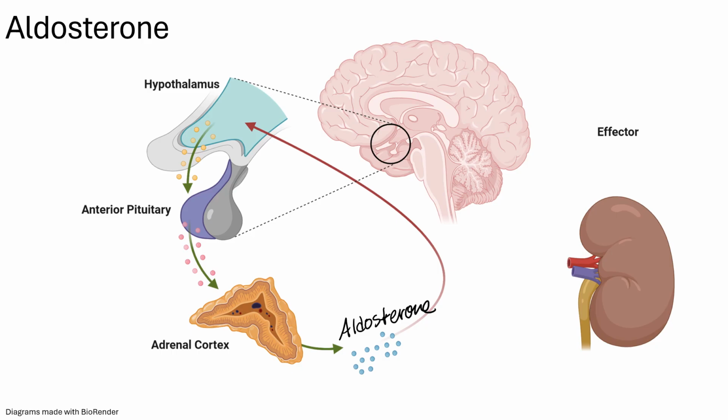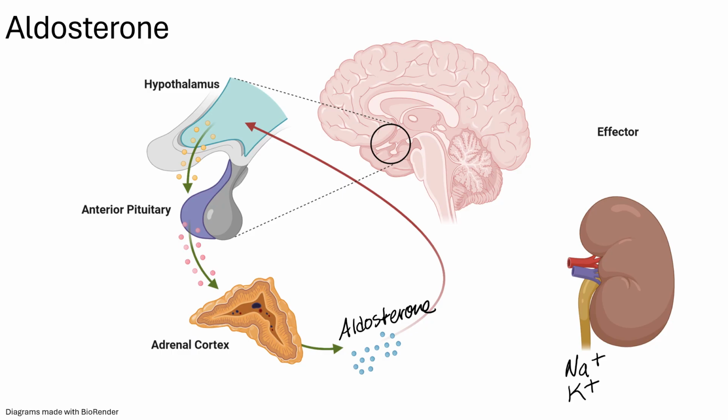And what it makes the kidney do is conserve sodium and flush, or excrete, potassium. And this action usually increases your blood volume and your blood pressure. Aldosterone release, though, is triggered by a couple different things. It can be triggered by low sodium levels.